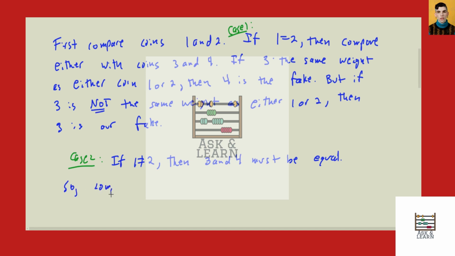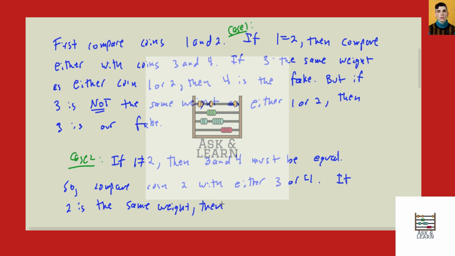So compare coin 2 with either 3 or 4. And then if 2 is the same weight, then we will have the case that 1 is our fake.